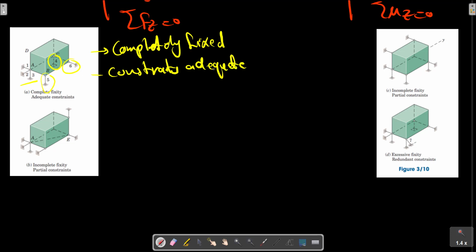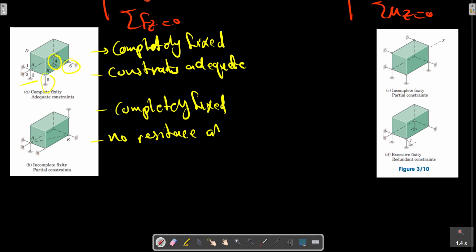Part B of the figure shows the same number of constraints, but we see that they provide no resistance to a moment which may be applied about the AE axis.